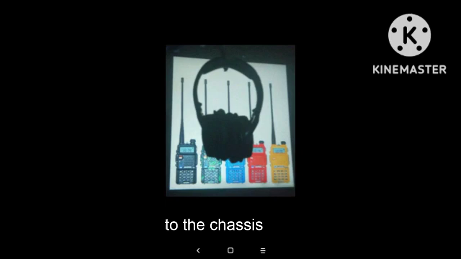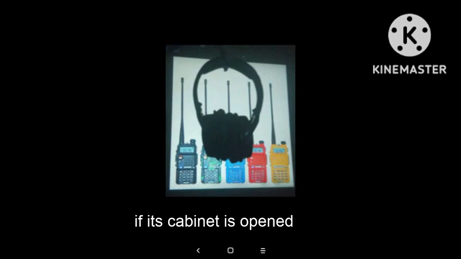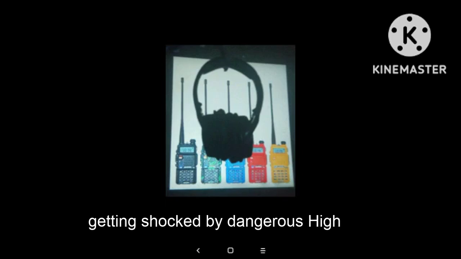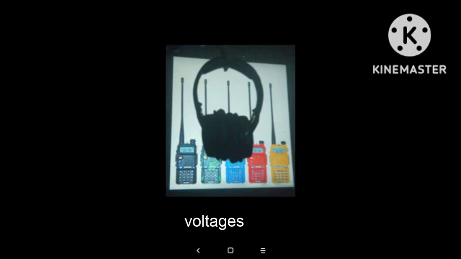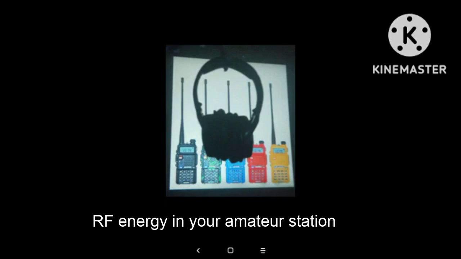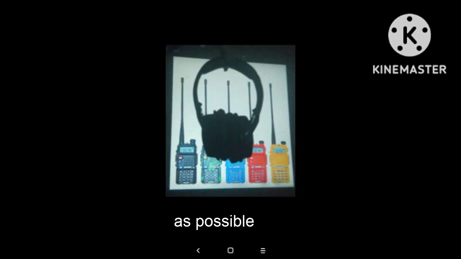To the chassis. Number 21. Why would there be a switch in a high voltage power supply to turn off power if its cabinet is opened? To keep anyone opening the cabinet from getting shocked by dangerous high voltages. Number 22. What is one good way to avoid stray RF energy in your amateur station? Keep the station's ground wire as short as possible.